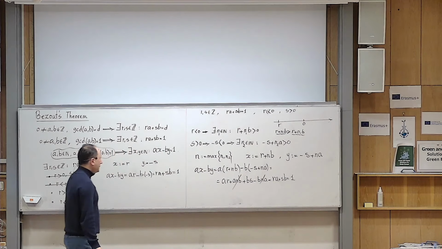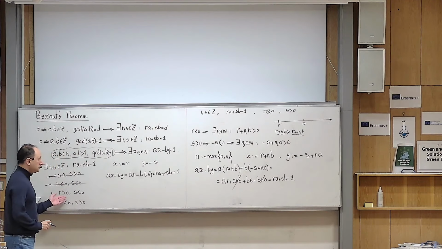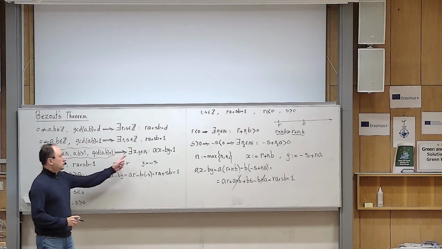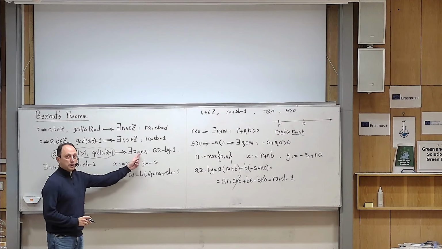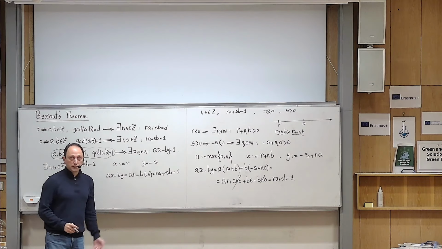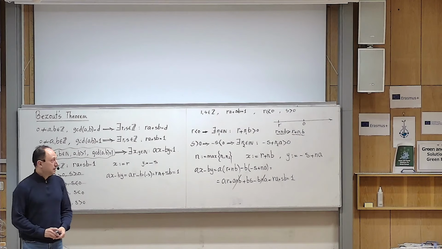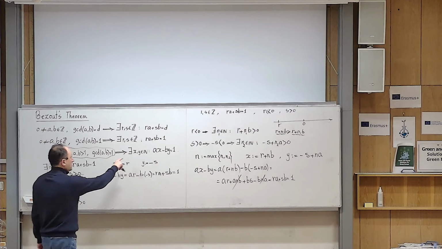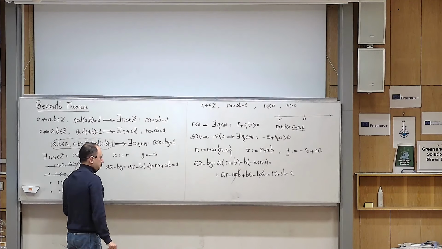So in any case that is possible, I was able to show that such natural numbers x and y with that property exist. Okay? Then you will see why it is important that I have to pick natural numbers.